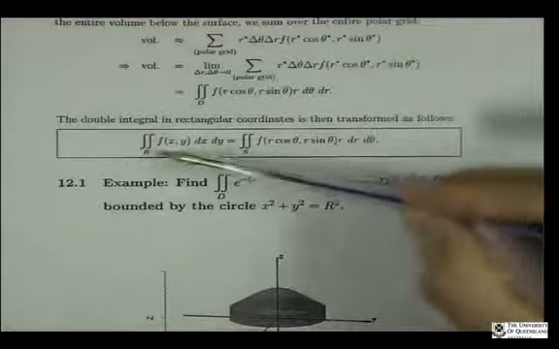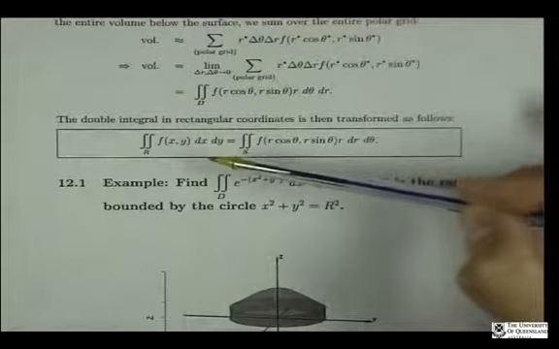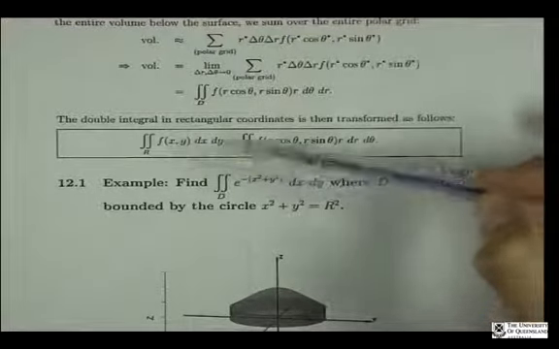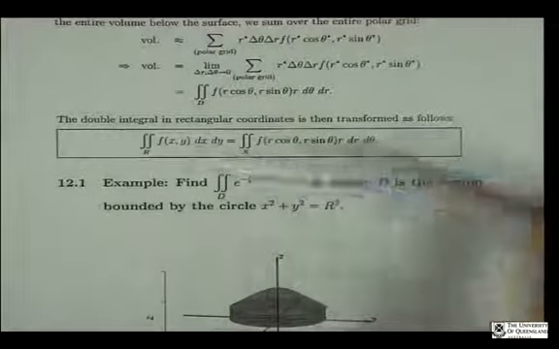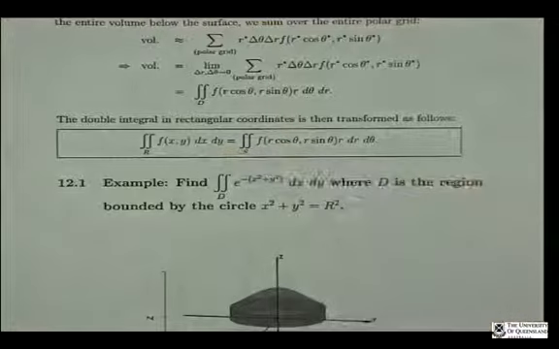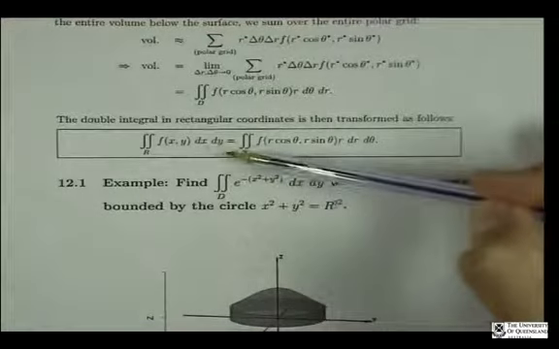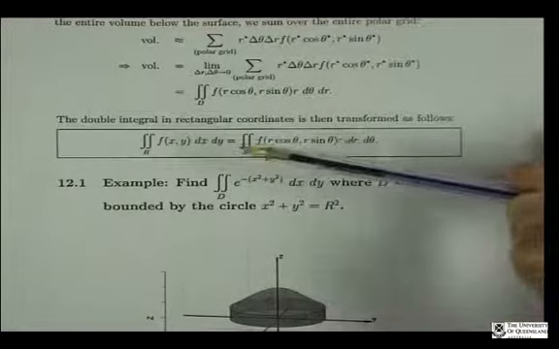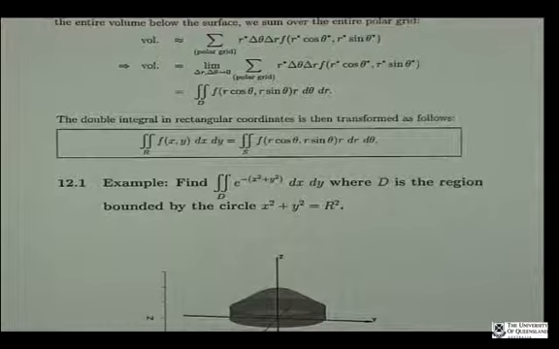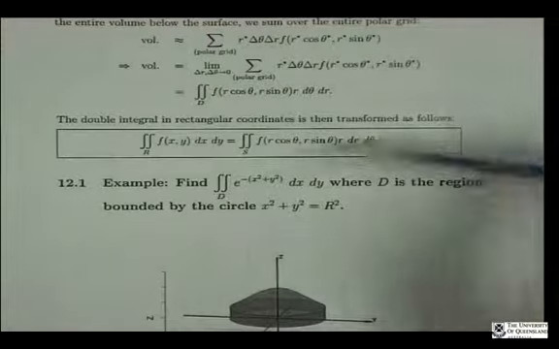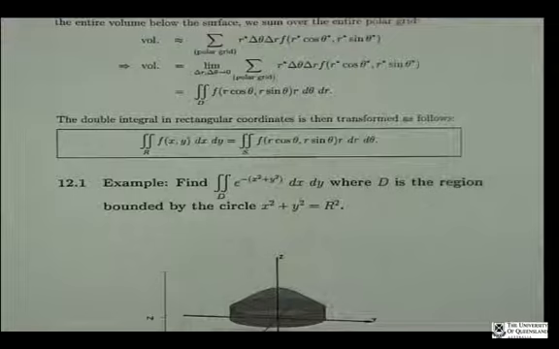So even though I've used a slightly different notation, so it could be a little bit misleading, now I've used this notation rather than, up till now I've been using dA, right, for the infinitesimal element of area in my double integral. So now on the left-hand side, I'm using dx and dy just to indicate that the integral on the left-hand side is in terms of rectangular variables. The double integral on the right-hand side is in terms of polar variables.